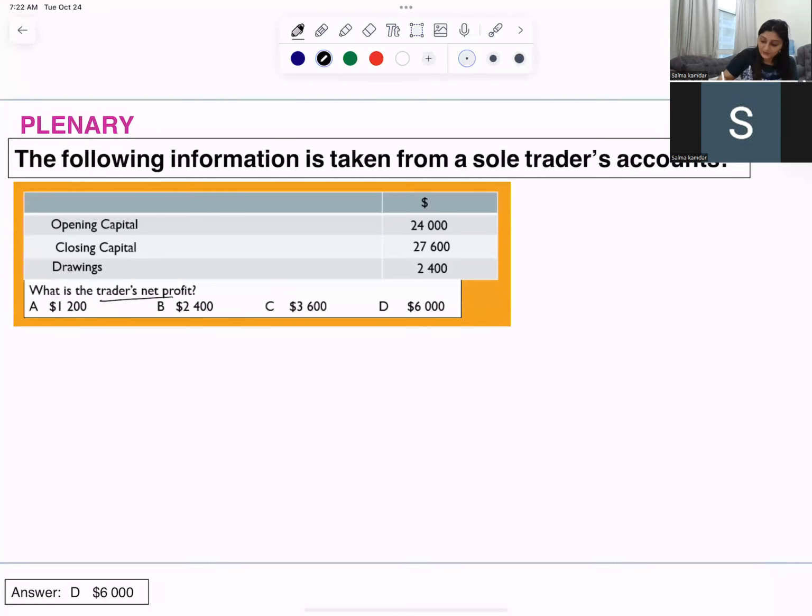Trader's net profit, closing capital plus drawings minus opening capital. CCD, so 27,600 plus 2,400 minus OC minus 24,000. You get profit as 6,000.